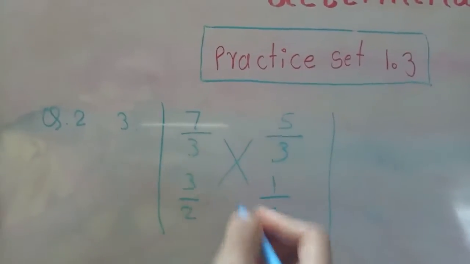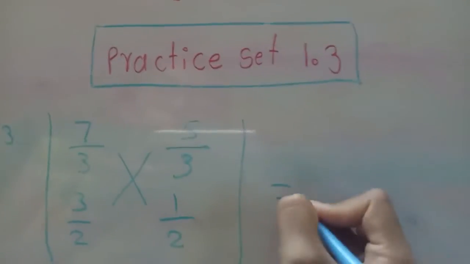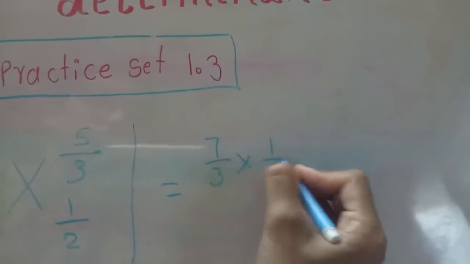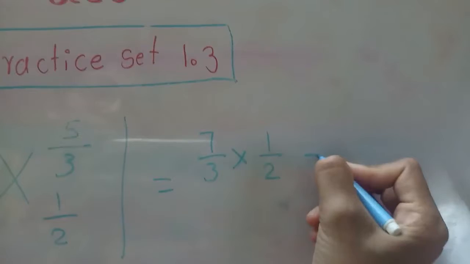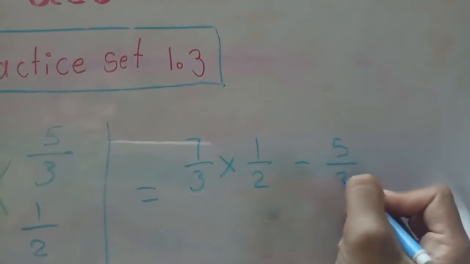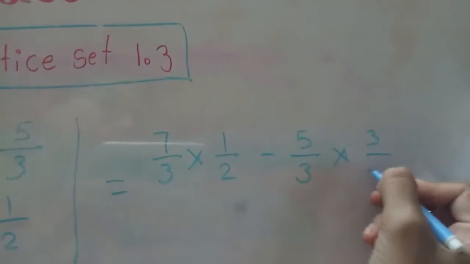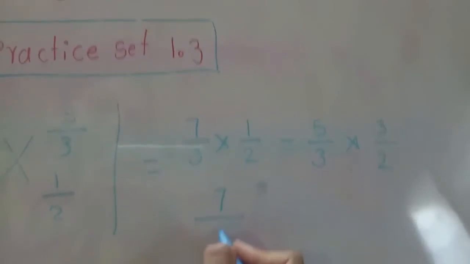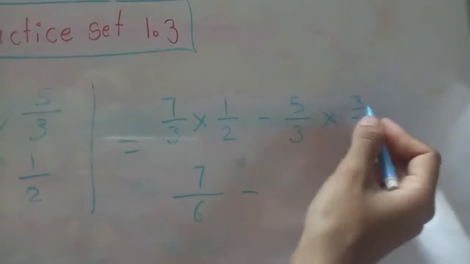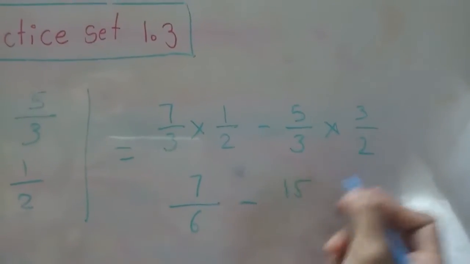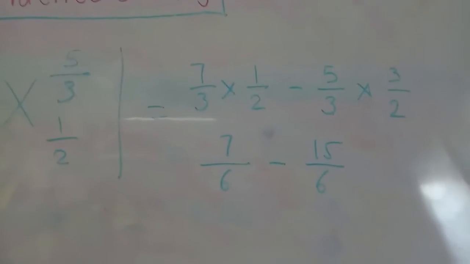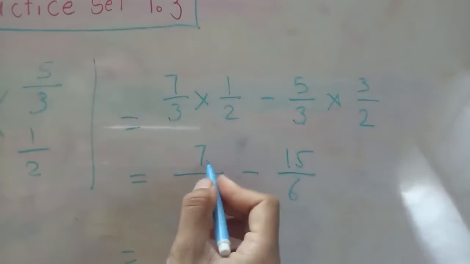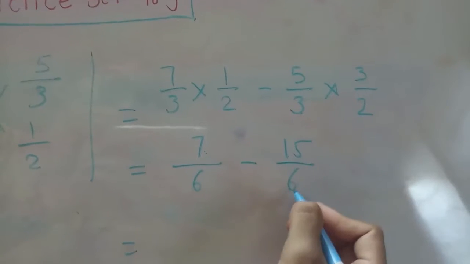So here also the same cross multiplication: 7 upon 3 into 1 upon 2 minus 5 upon 3 into 3 upon 2. So 7 1s are 7, 3 2s are 6 minus 5 3s are 15 and 3 2s are 6. So subtraction: 7 upon 6 minus 15 upon 6.